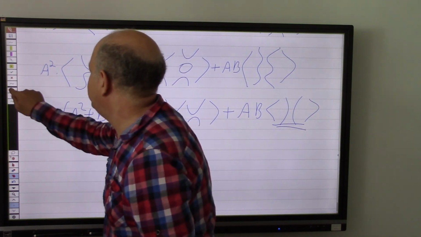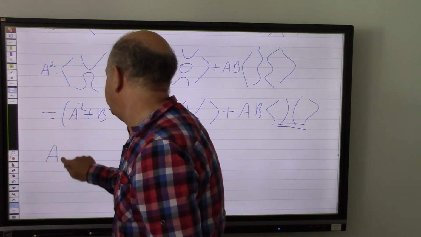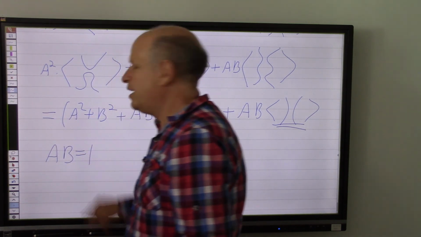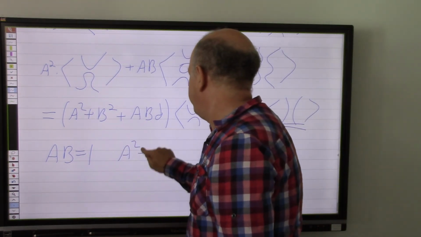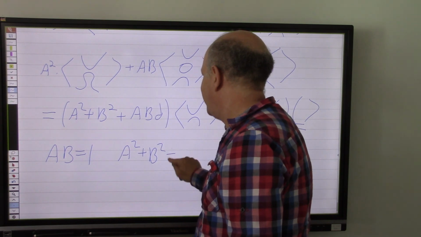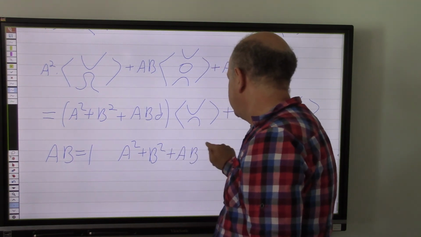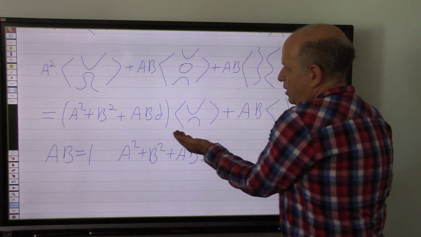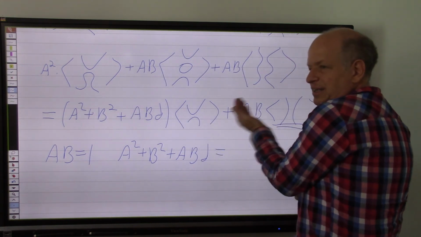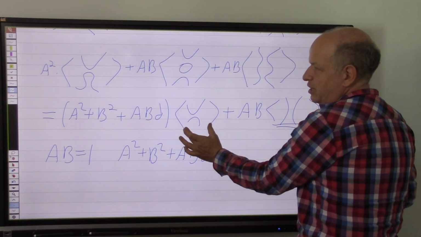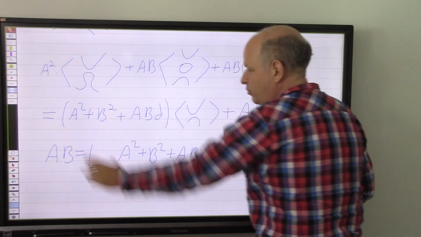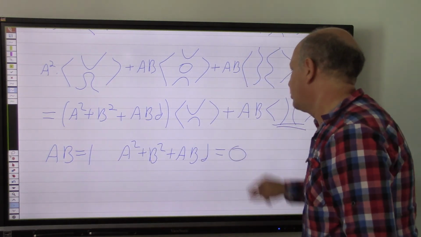It forces me to set A times B equal to 1, and A squared plus B squared plus ABD. So again, on the other side of the Reidemeister move, this will not appear, so I want its coefficient to be 0.